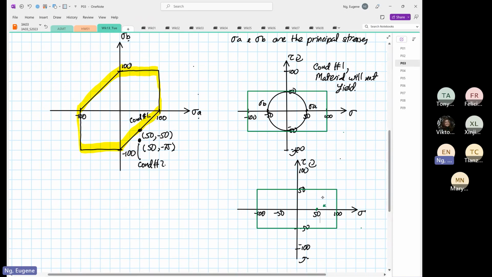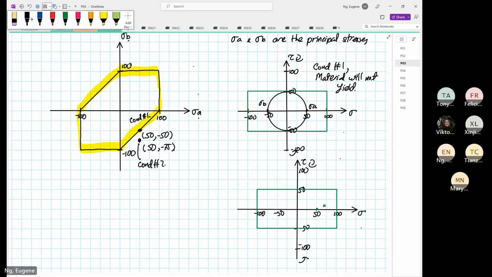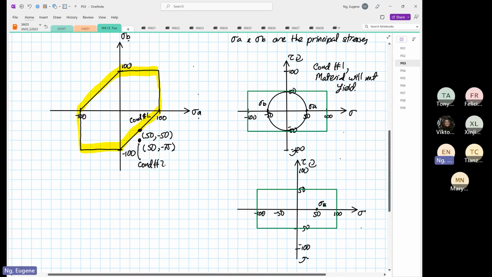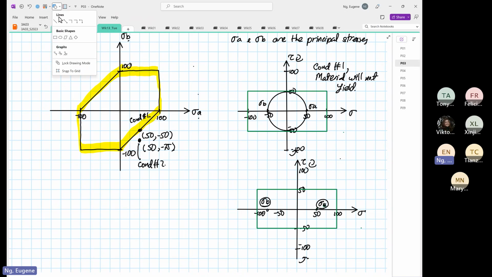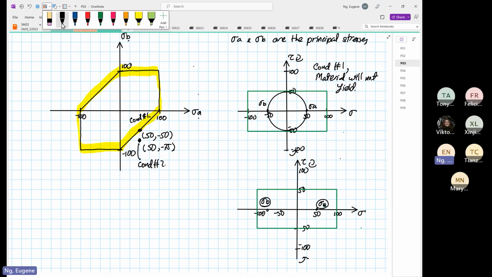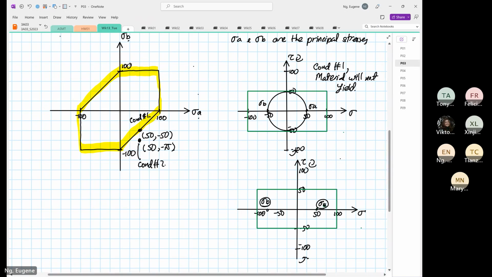Okay, let me, so this is your stress A, and then this is your stress B. So what we realize is that when it's outside the boundary, like for this case, it has just gone outside already.